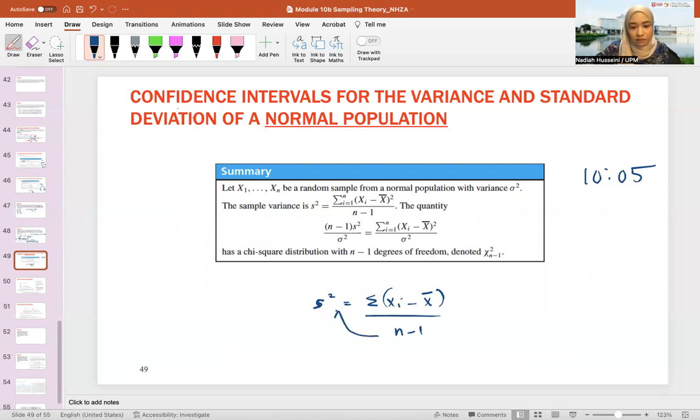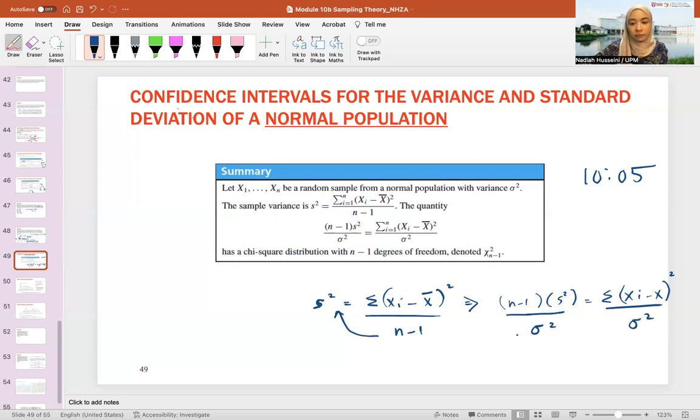So now it becomes n minus 1 times s squared equals the summation of x minus the sample mean, squared. Sorry, I missed out the square. And then they're not done yet. Since they wanted to divide by the variance, if you are dividing by the variance on one side, you also have to do it on the other side, because of balancing.